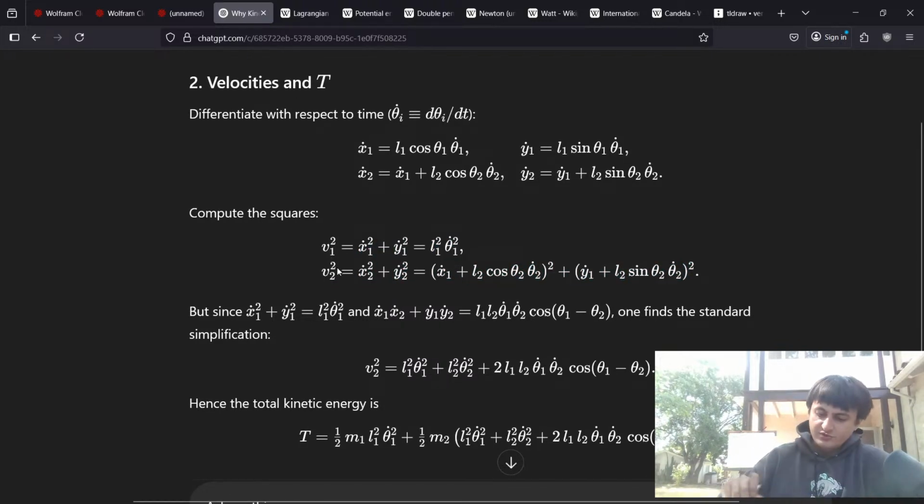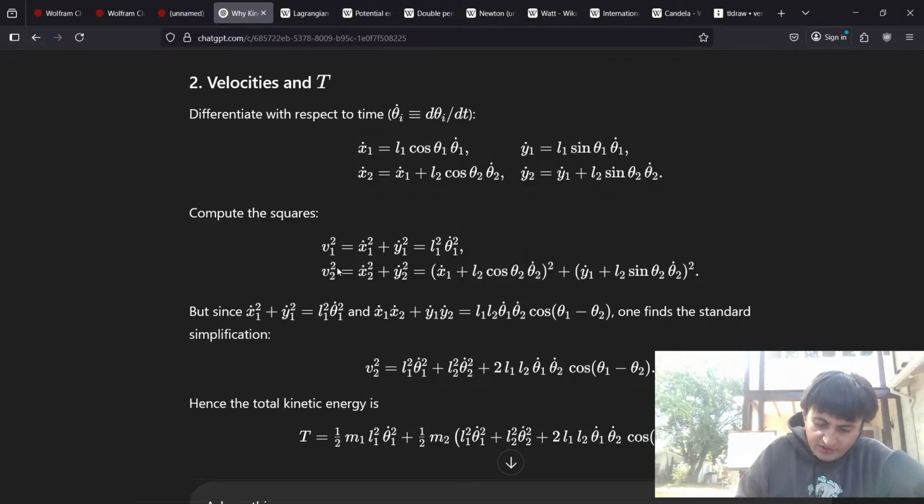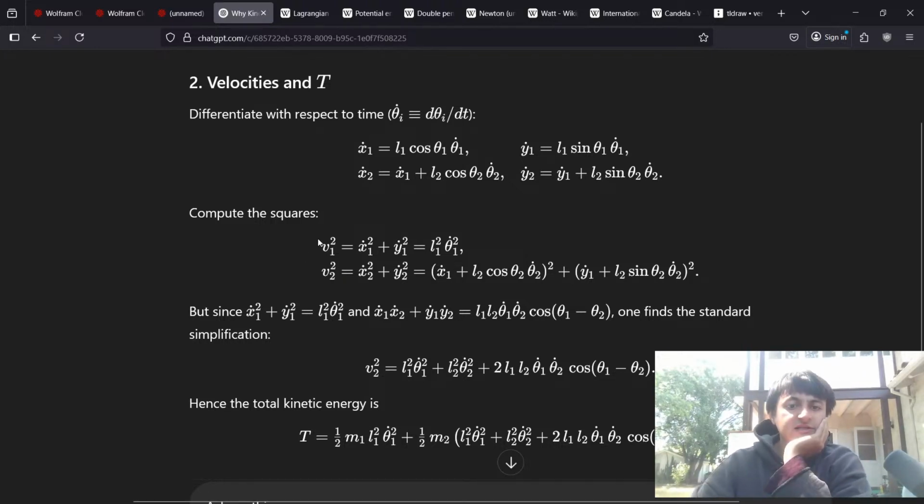Okay, so v2 squared, we can apply the same for mass 2's velocity, so v2 squared is equal to x2 dot squared plus y2 dot squared.